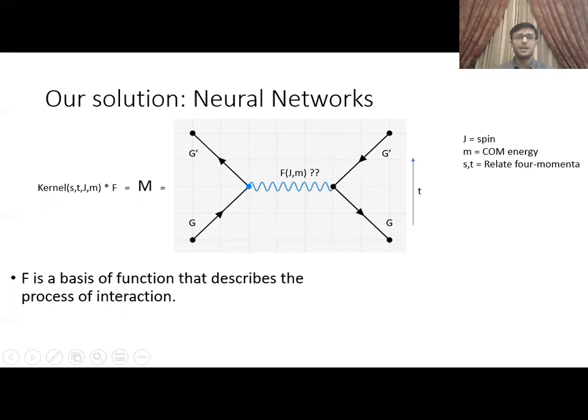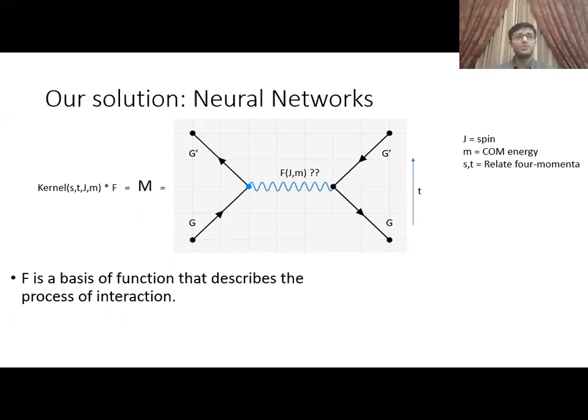But we propose that neural networks would be a good approximation of this as well, because we know from the universal approximation theorem that neural networks can represent any continuous function. And also, because we're not restricting ourselves to a polynomial, neural networks can learn non-polynomial functions as well.